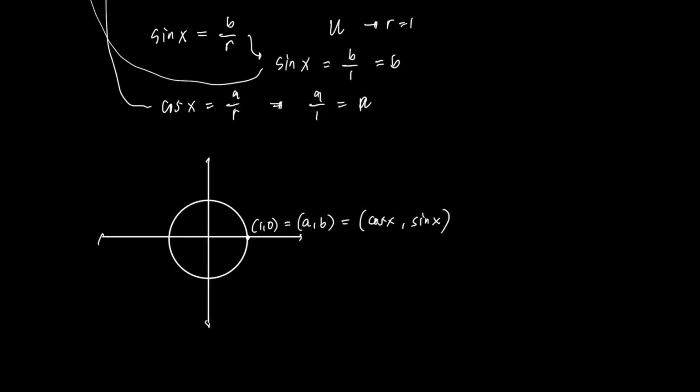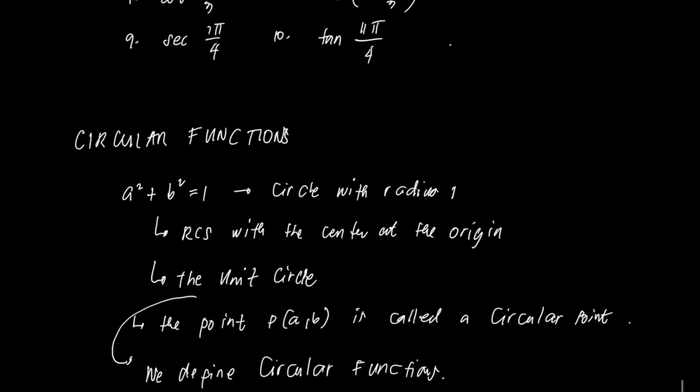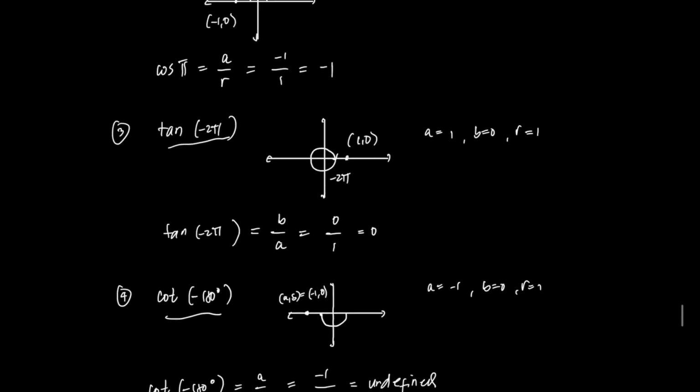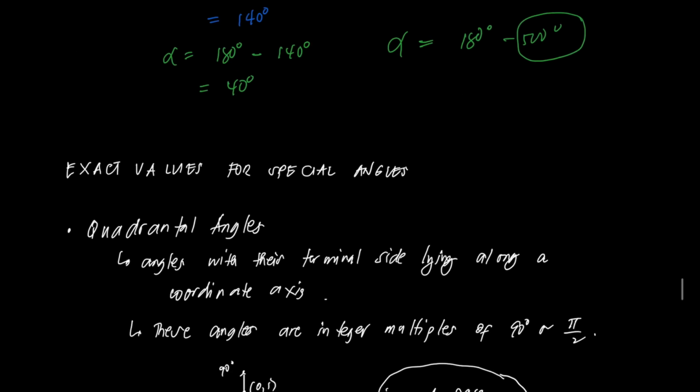That's why in the 0 degrees or 2 pi or 360 degrees or the coterminals of that angle, the cosine x is 1 and the sine x is 0, as what we have discussed during the discussion on quadrantal angles.